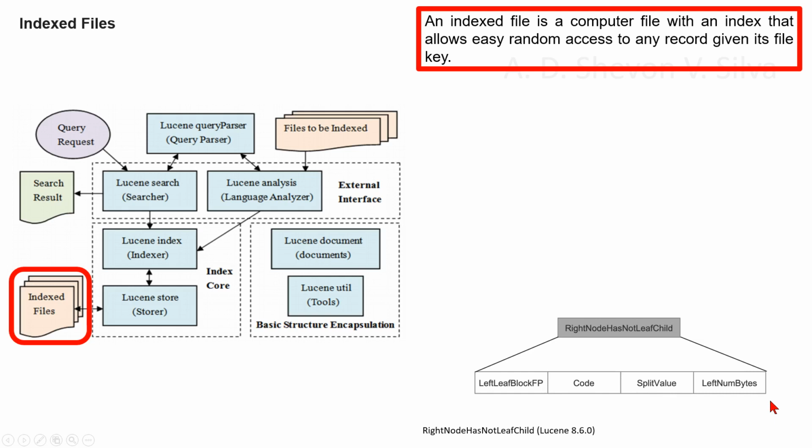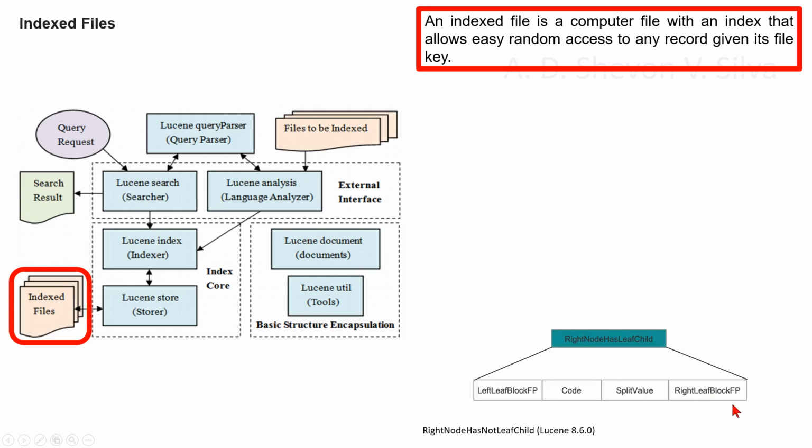Left num bytes describes the total size of one inner node's left subtree. Here the inner node has not left child, consisting of left leaf block FP, code, split value, and left num bytes.